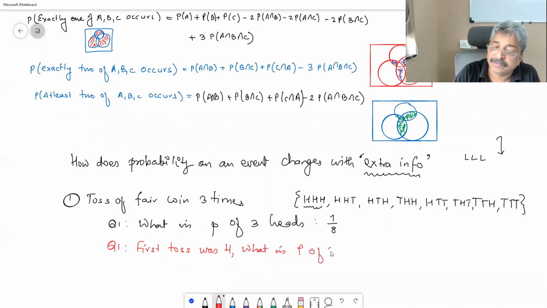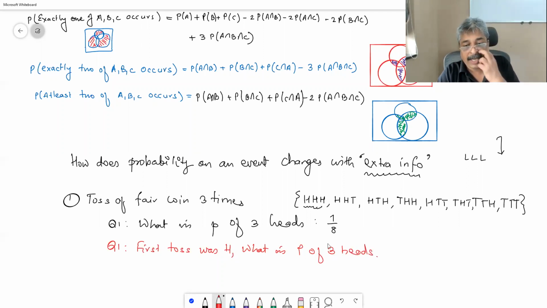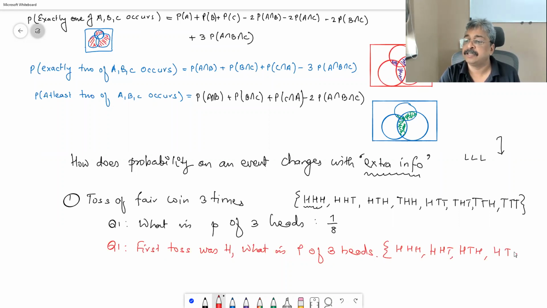Okay, in this case, the sample space is different. It is not like this, but the sample space is HHH, HHT, HTH, and HTT. This is your sample space now. And then you are answering what is the probability of 3 heads. The answer is going to be 1 upon 4.